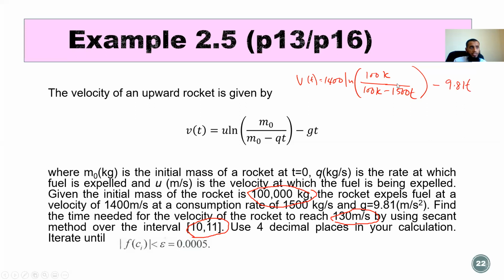It means when it reaches there, it reaches the root area. What we need to do is make the velocity become 0. So how to become 0? We need to minus the 130 that was given. So this is the equation.